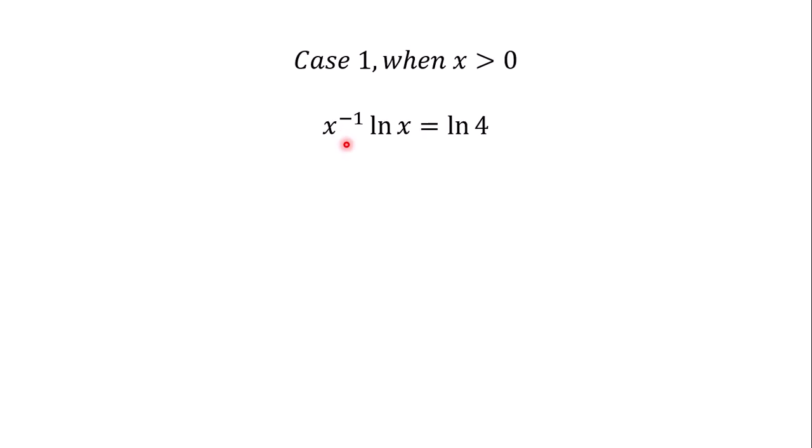The e and the base of the natural log is also e, so at the end of the day, the base of the natural log and that e will cancel out and it will just give us this one back.